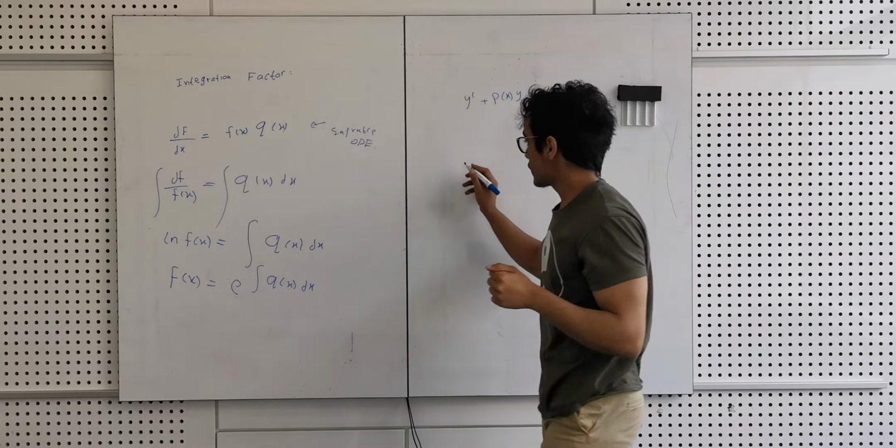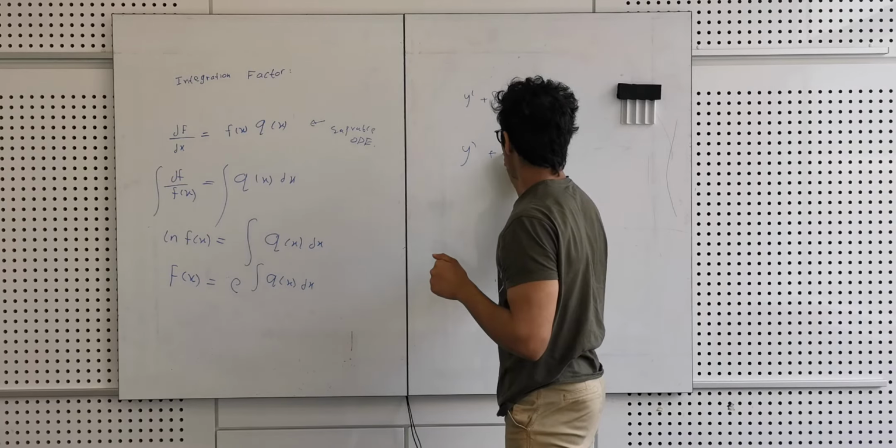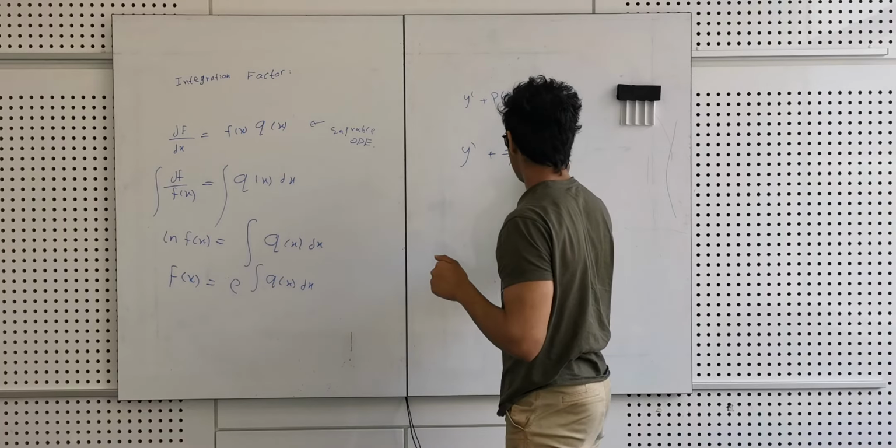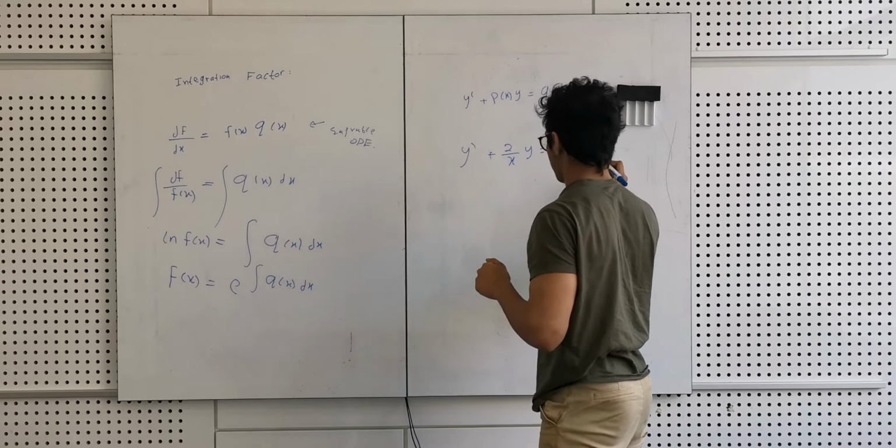Let's have an example. Let's have y prime plus 2 divided by x times y equal to sine of x divided by x squared.